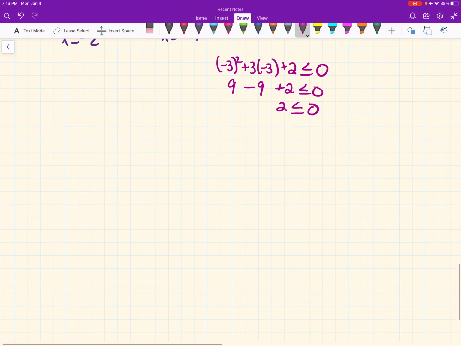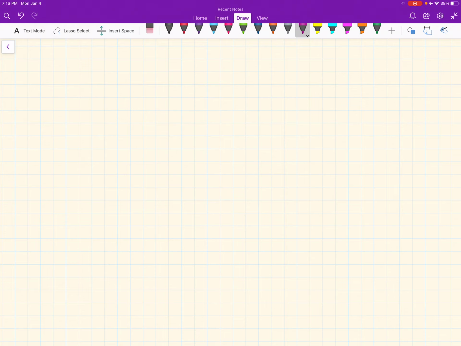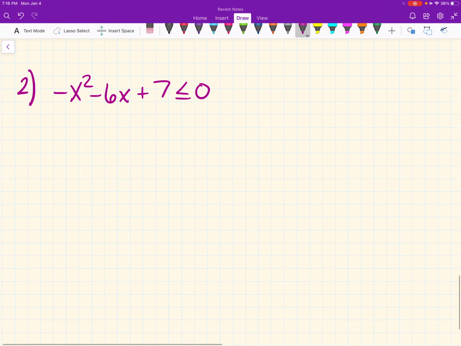Okay? All right, let's look at another one. I have -x² minus 6x plus 7 is less than or equal to 0. My first thing is I don't want a negative in the front. I do not like a negative to factor, so I divide everything by -1.